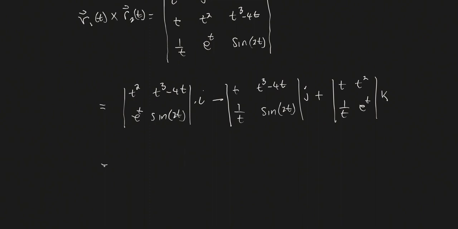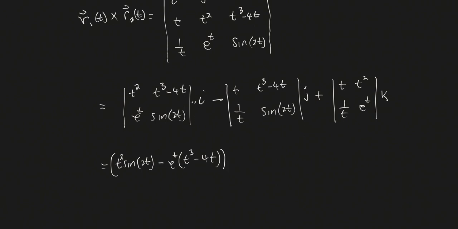Okay, so let's do our calculation now. So we're going to have t squared times the sine of 2t. And then minus the t cubed minus 4t, that quantity, times e to the t. So I'll put the e to the t in front, and then I'll just keep this in parentheses. And again, it's not something that we're going to expand because there's nothing that we can do to simplify.